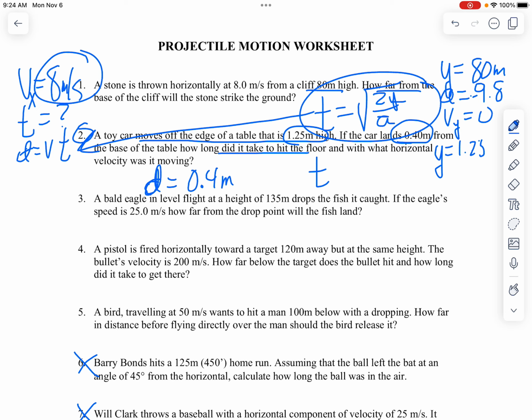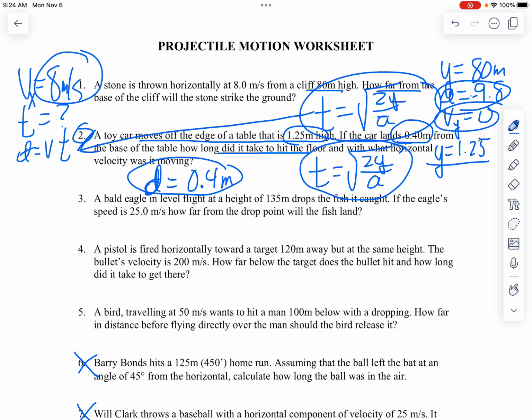If you're given the height, ladies and gentlemen, you can find out the time by using the acceleration and the initial velocity of 0 when there is a horizontal launch. So same thing, time is equal to the square root of 2 times the height. I'm using y as the height. Find this time, then along with the distance, you can then find the horizontal velocity, because velocity is equal to distance divided by time. You're given the horizontal distance, you'll find the time from the vertical components and then put those in to find the velocity.